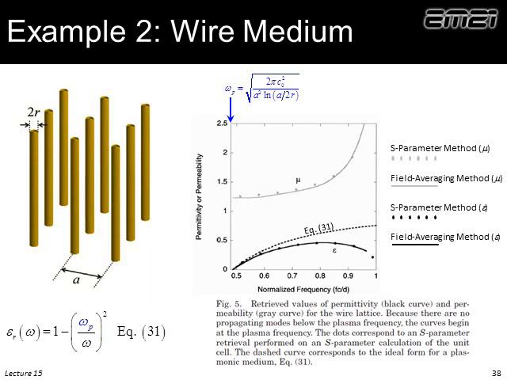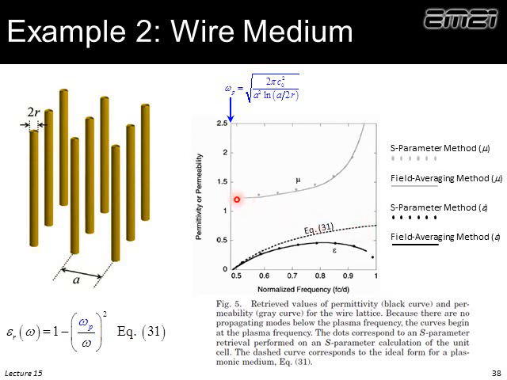Remember this wire medium for having an artificial plasma frequency. We can calculate, sort of analytically, our artificial plasma frequency, and that is this dashed line. We can do parameter retrieval now two different ways: we can use the S parameter retrieval method or our new field averaging method.